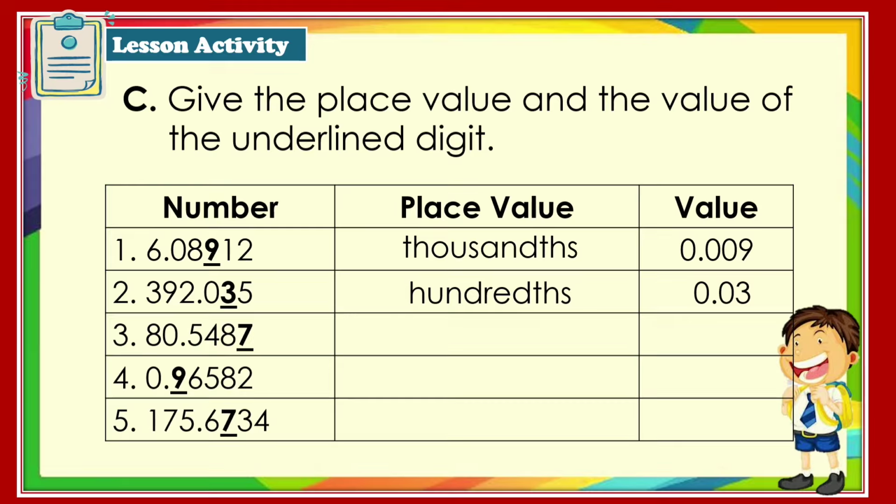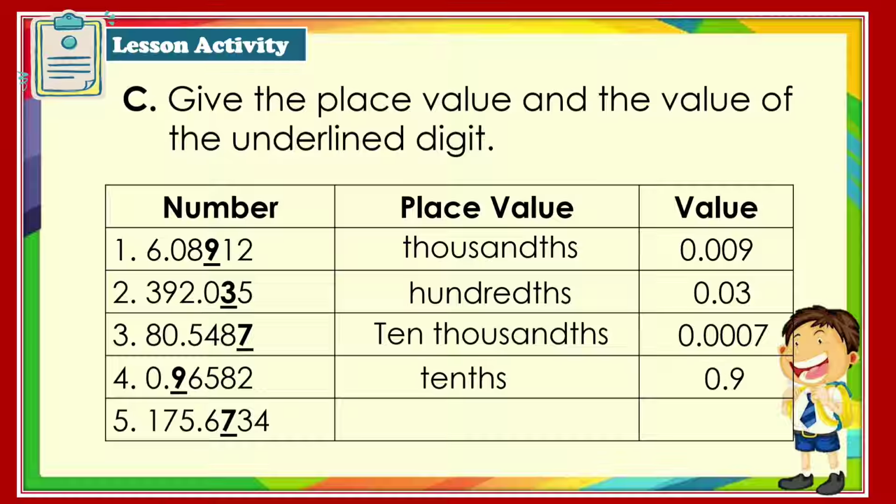It is in the 10,000s place, and the value is 7 10,000s. Number 4, 9 is in what place? Tenths place, and the value is 9 tenths. Number 5, last number, 7 is in what place? It is in the hundredths place, and the value is 7 hundredths.